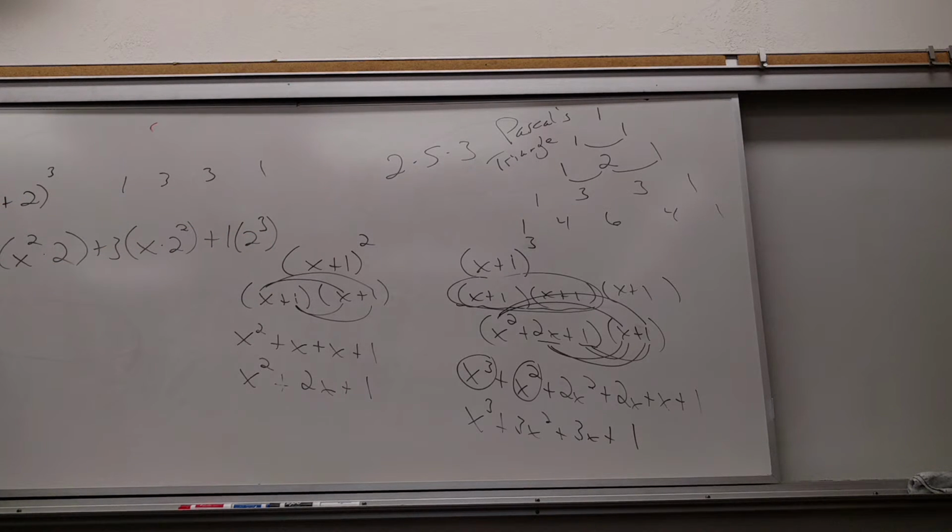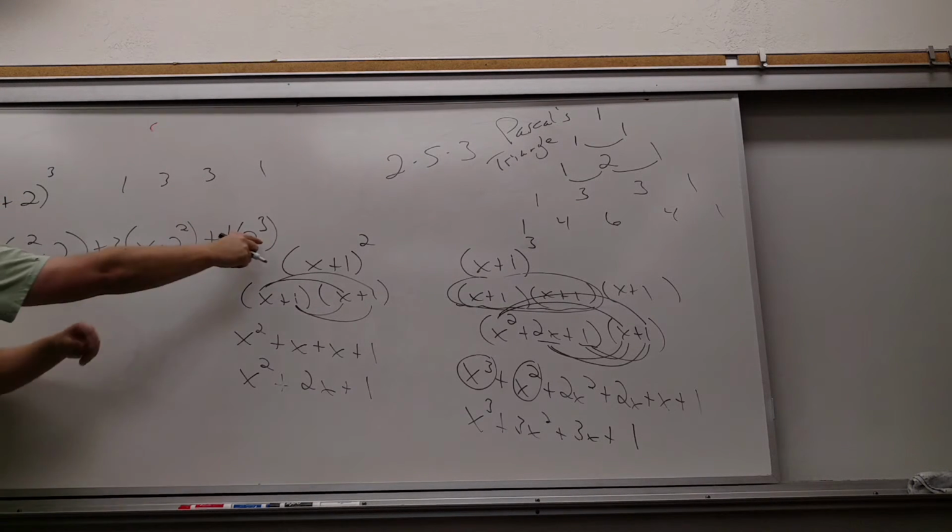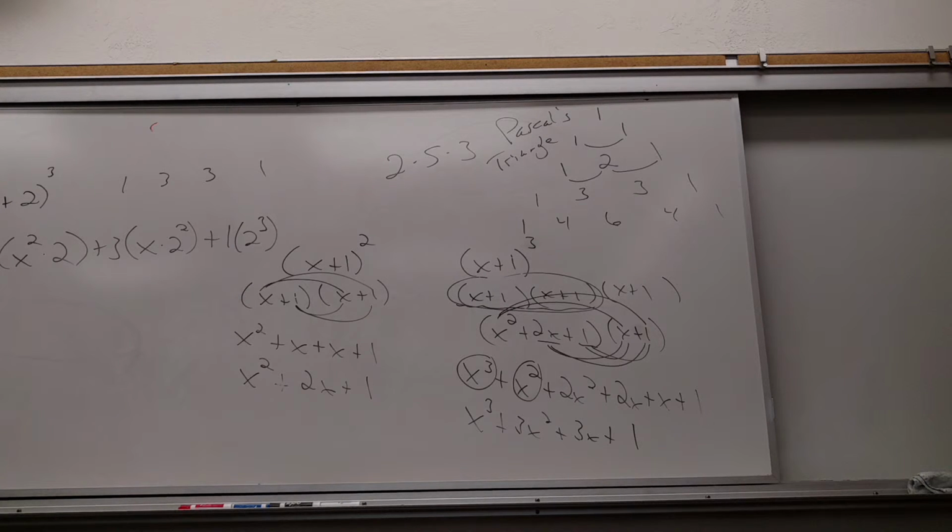So I have all x's, a mixture, and then all 2's. If you don't understand that, that's completely fine, because you don't have to. What you asked, I couldn't stop myself. So then this would be x cubed plus 6x squared plus 12x plus 8. If you actually wrote this 3 times and did it, that's what you'd end up with.